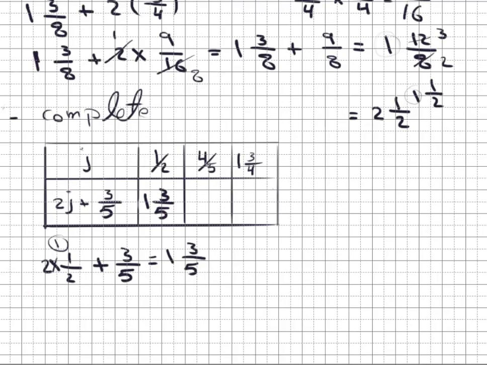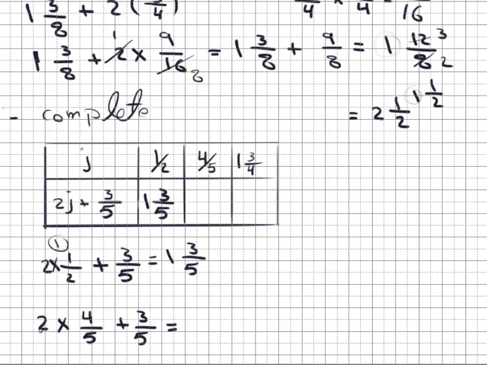If j equals 4 over 5, I will do the same way, substitute j, but this time with 4 over 5. It will become 2 multiplied by 4 over 5 plus 3 over 5.